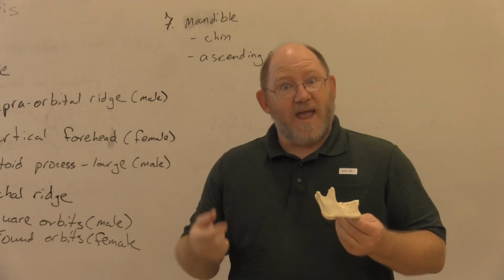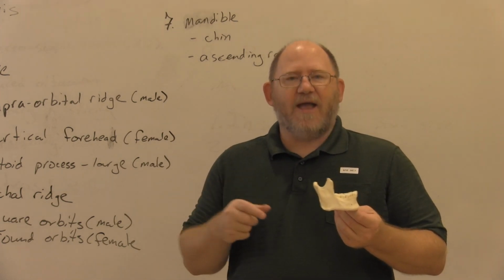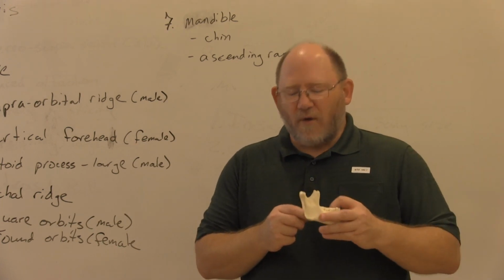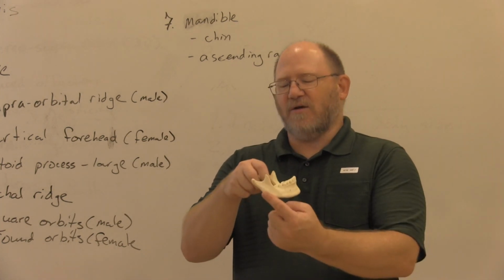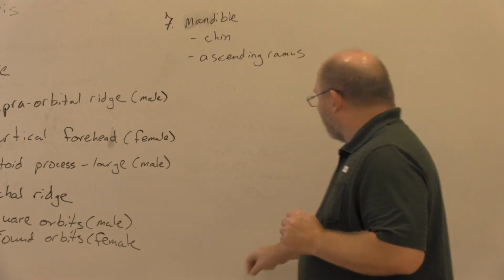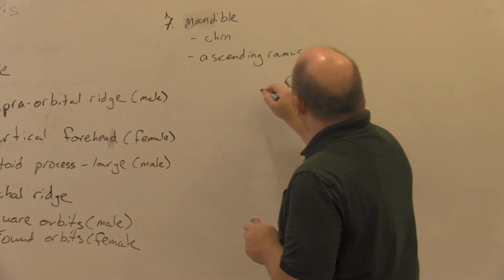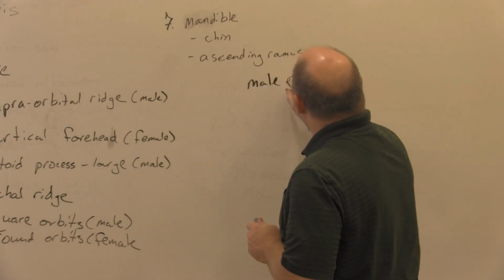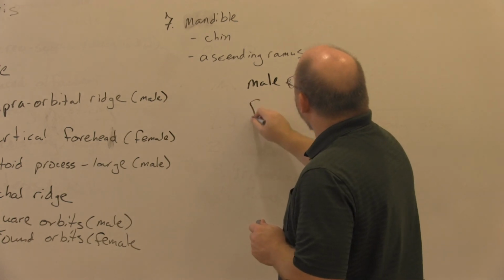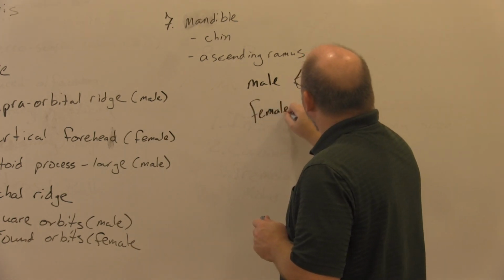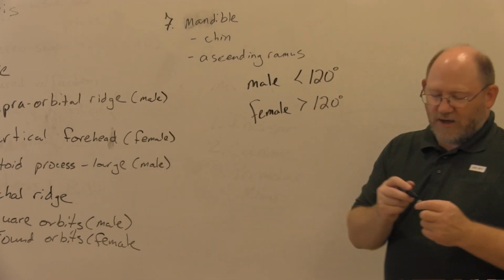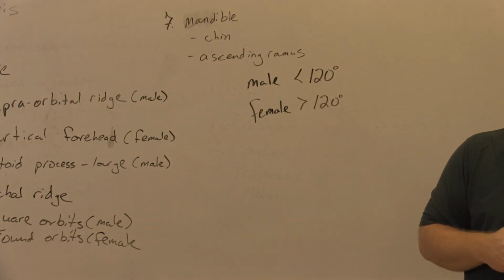In males, the angle is closer to 90 degrees, and for females, that angle is much greater. In general, for males, the angle is going to be less than 120 degrees. And in general, for females, that angle is going to be greater than 120 degrees.